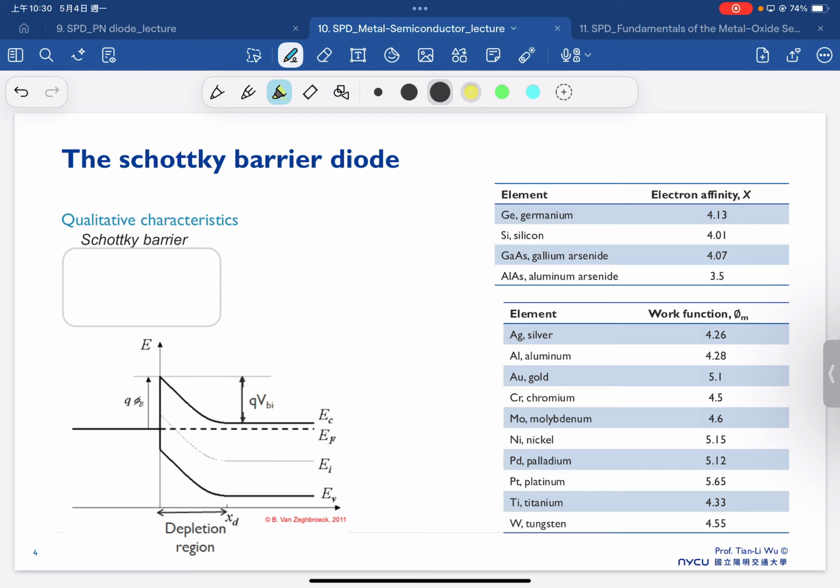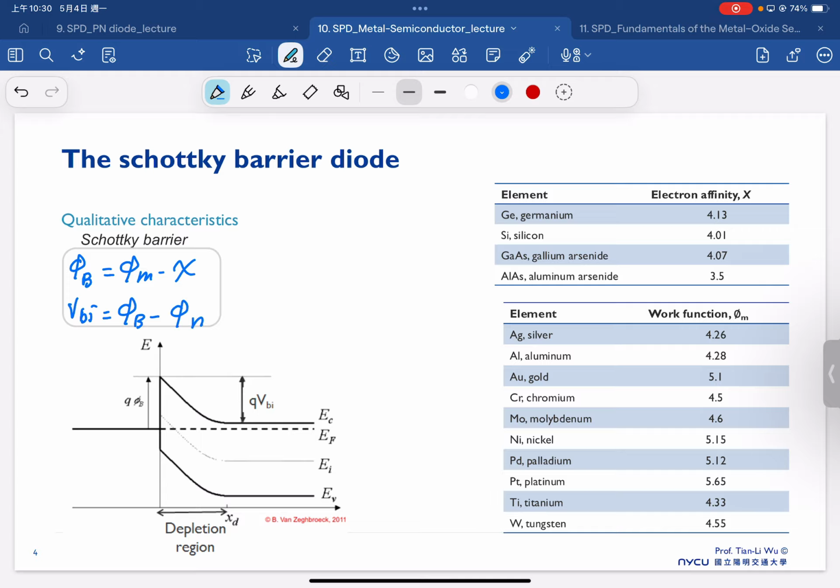For example, the phi B, which can be estimated as our metal work function minus our electron affinity, and our VBI, the built-in voltage, which is our phi B minus the phi N.